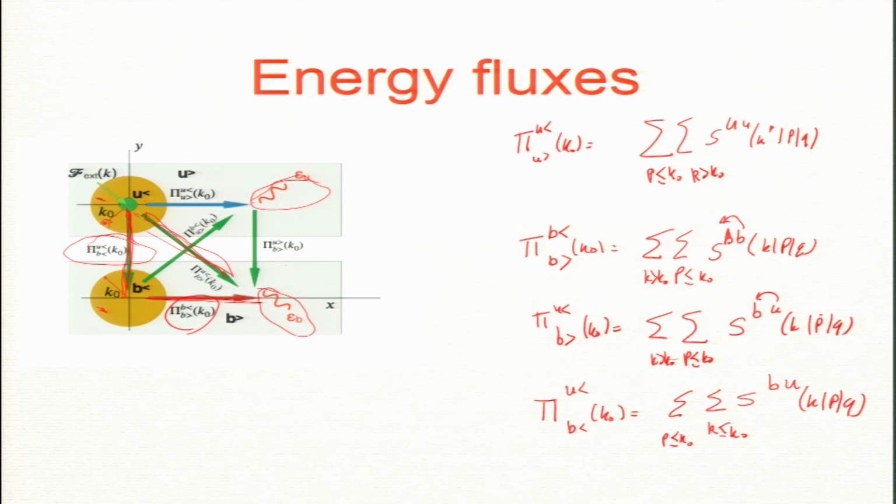So, how much energy is dissipated? Kinetic energy. Is it just Π_u^< to u^>? This one or more? It is more, because of the energy coming in under steady state. You force at large scale here, so here the energy is going from this one, but there is also another source of energy, B is given to u.